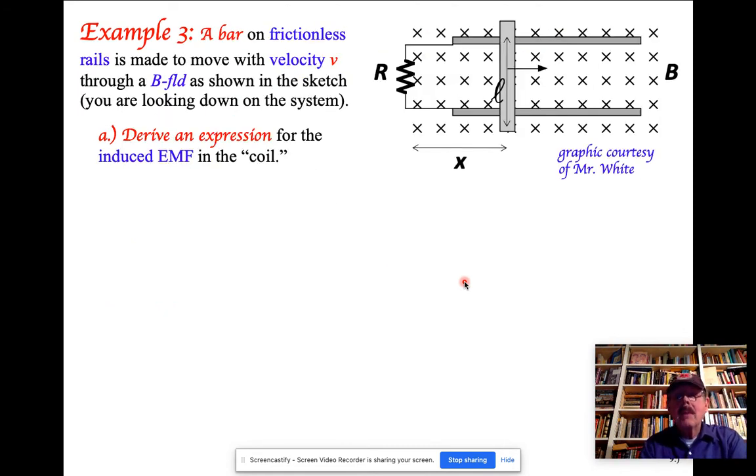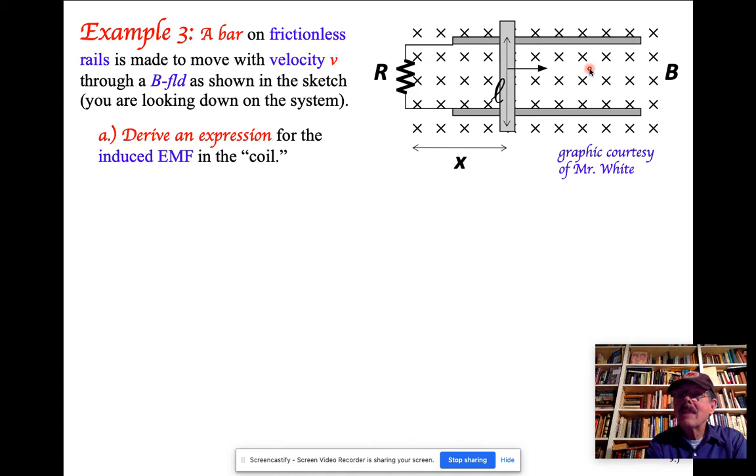There's another problem that's kind of a classic that is kind of cool. So you've got a ramp and a ramp, and you have wires with a resistor, and then you've got this rail. You know the distance between the ramps is L, and you define the distance between here and where the rail is as X. And the question is, what's the induced EMF if you force this rail to move with velocity V to the right?